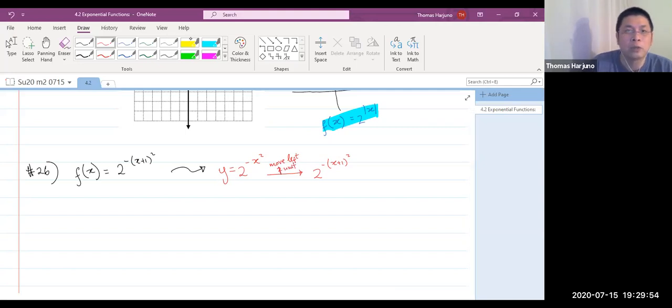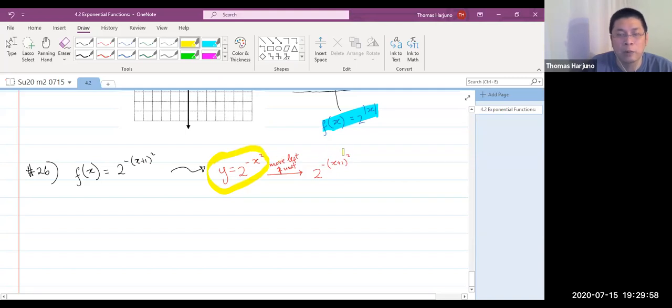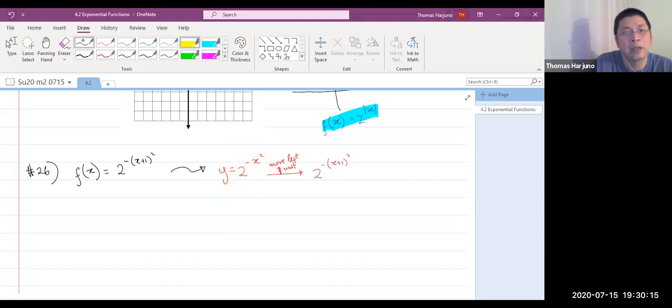Now then, Thomas, what is the reason you actually pay attention to this instead of attacking that problem right away? Well, because this function here has y-axis symmetry as well. Think about it. If you replace x by negative x, let me call that g.